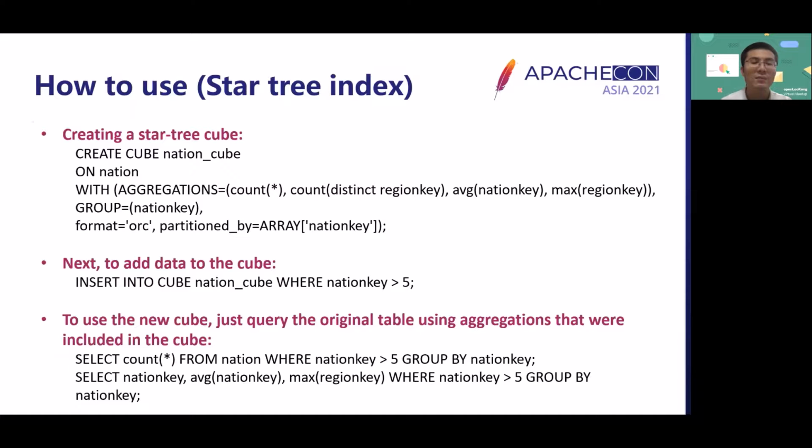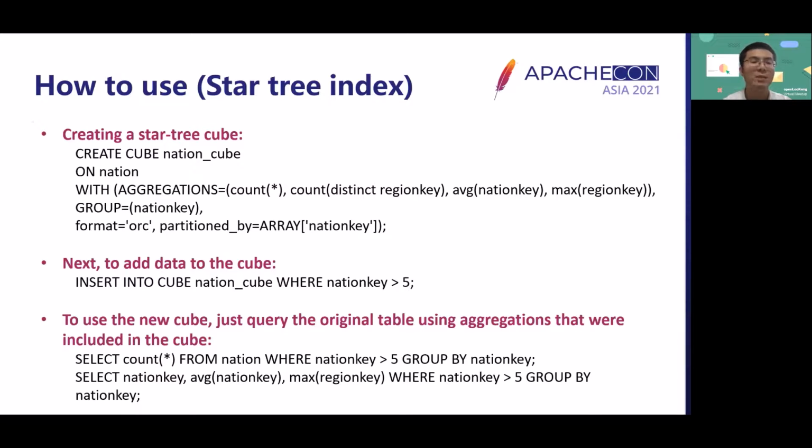Unlike the Bloom filter, B-tree and min-max heuristic types, the star tree index provides an individual command to create it. In general, the star tree index is cut into three stages. The first is creating a star tree cube.